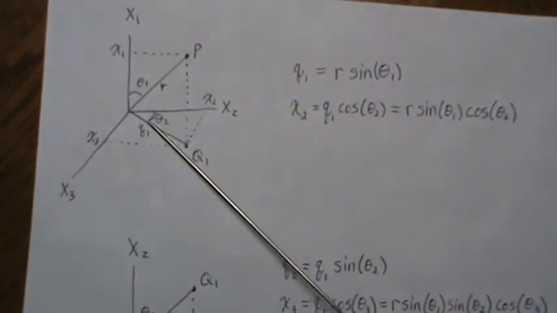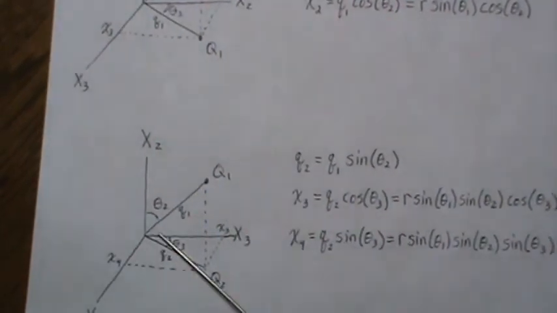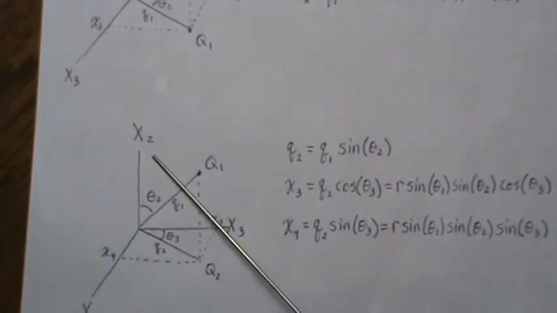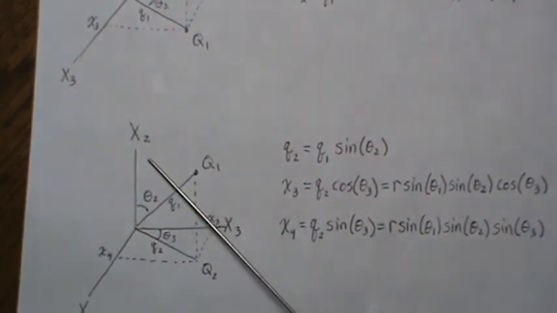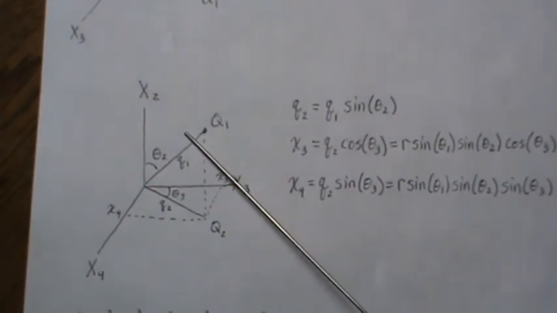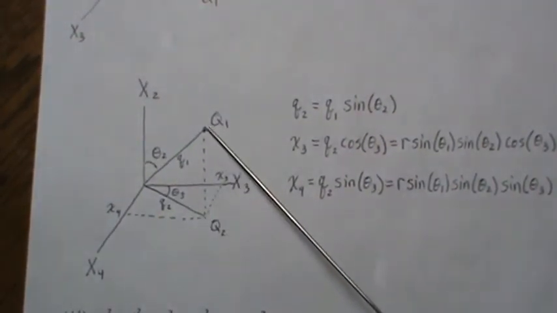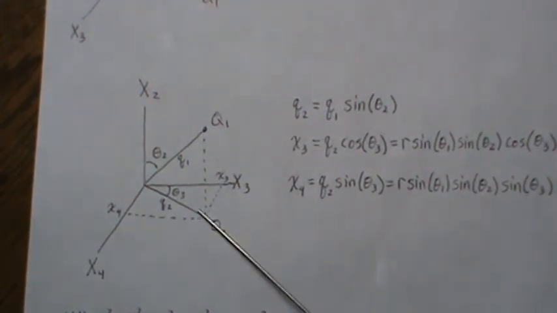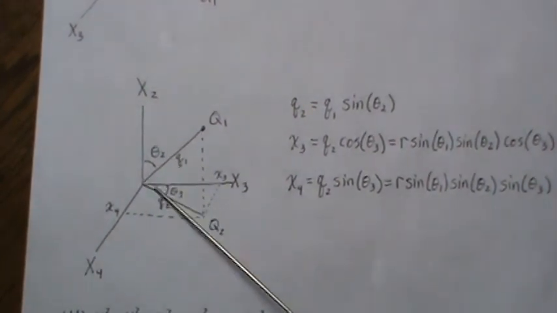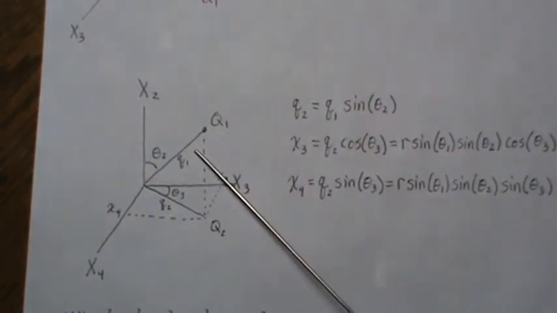But remember, this distance is q1, because we're in the x1, 2, 3 world. So to find theta 3, we project it down. Now this is parallel to this, so these are alternate interior angles. So this is theta 2.